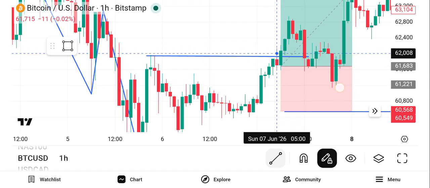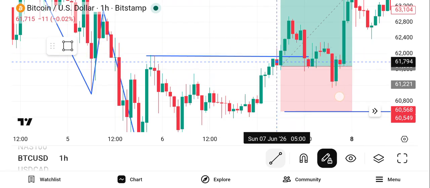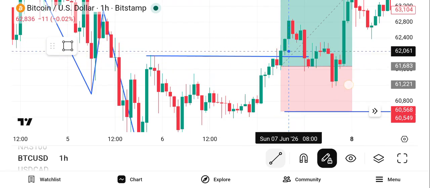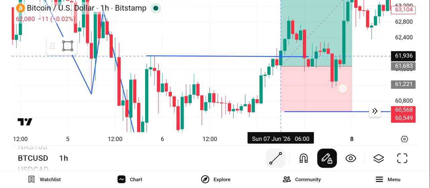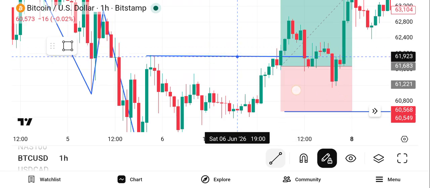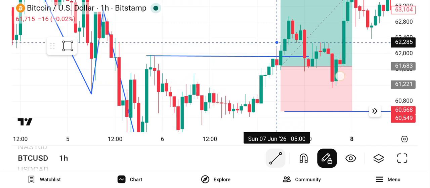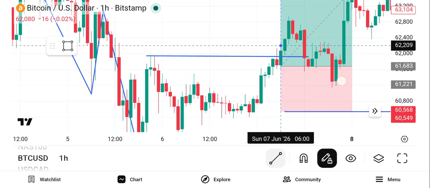Yes, we are supposed to use this bearish candle here as our market structure shift, but it does not close with a candle body. But this bullish candle here breaks above the last lower highs, and then it closes with a body candle. So we mark it as our market structure shift.